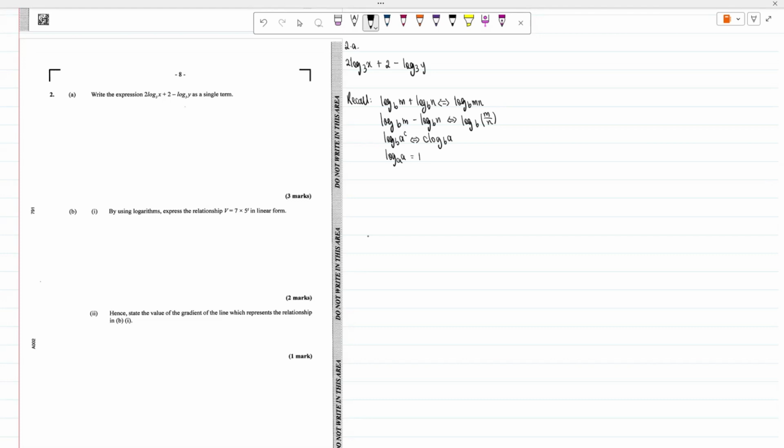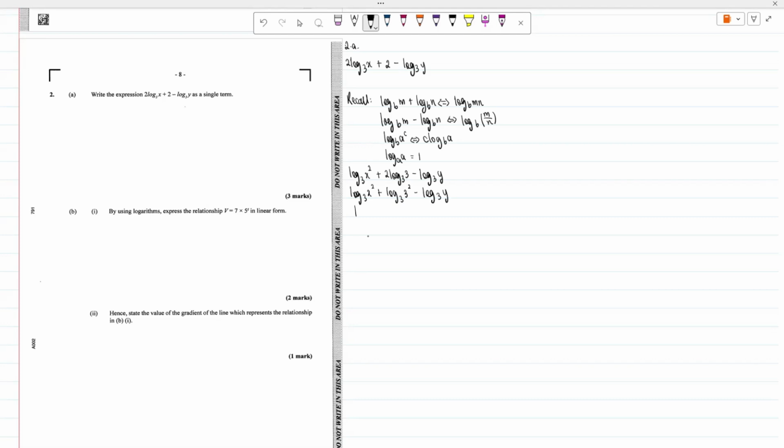So, my question now turns into log of x squared to base 3 plus 2 log 3 to base 3 minus log y to base 3. I'll get log x squared to base 3 plus log of 3 squared to base 3 take away log of y to base 3.